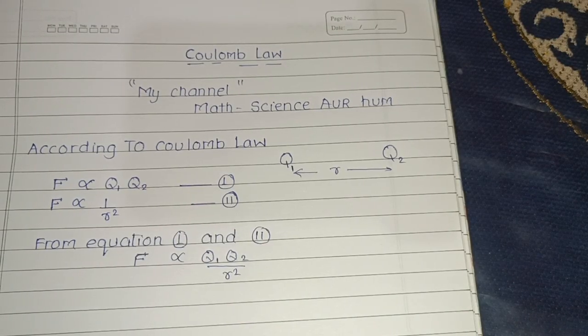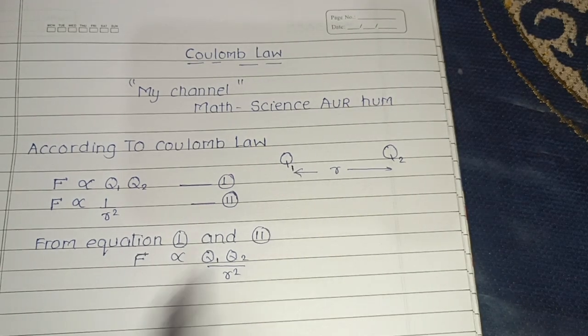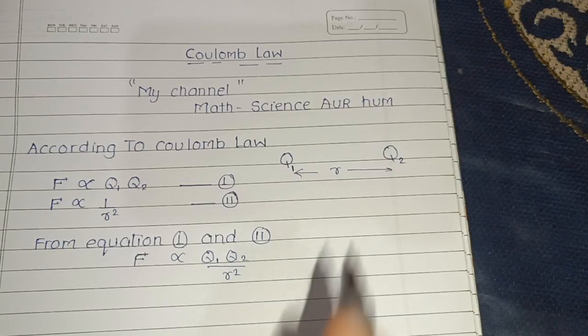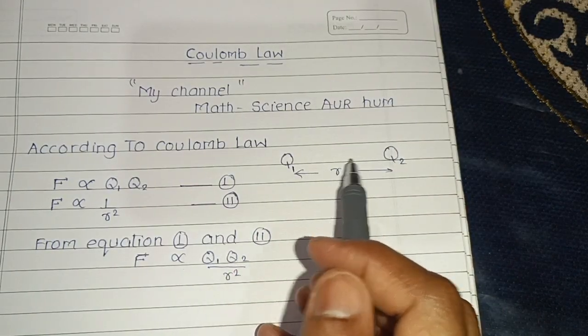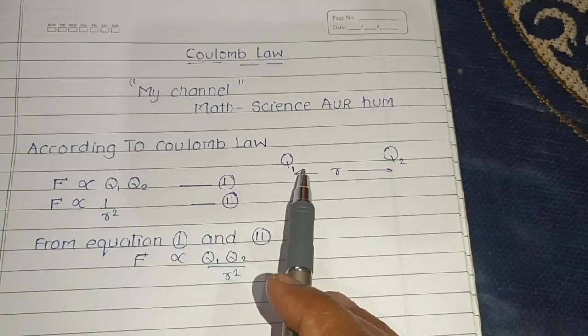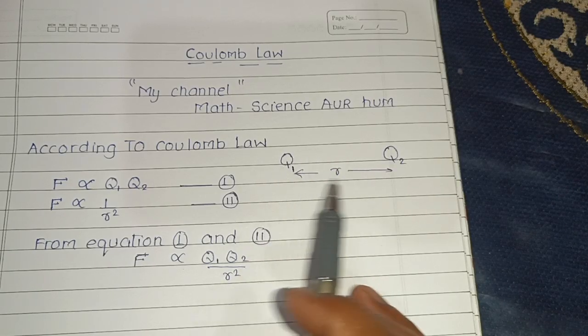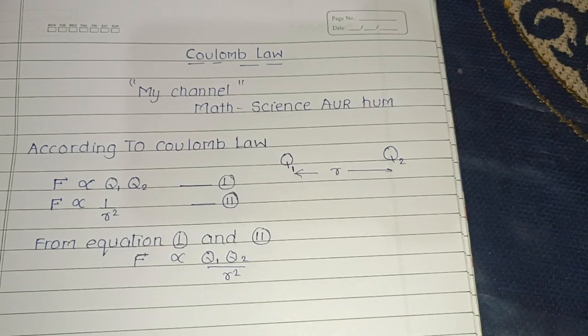I have already told you that if these charges are like, then the force of repulsion will be working between them, and if these charges are unlike, the force of attraction will work between these charges.